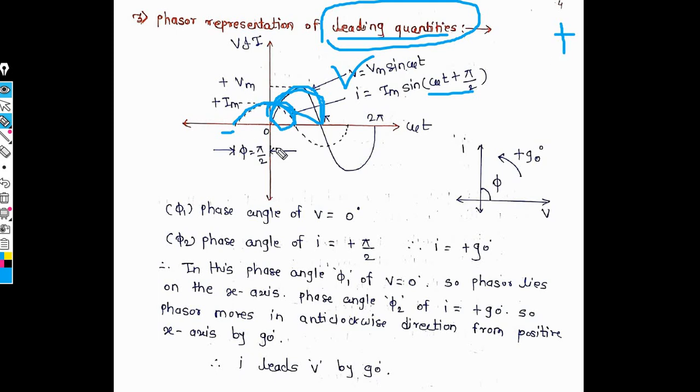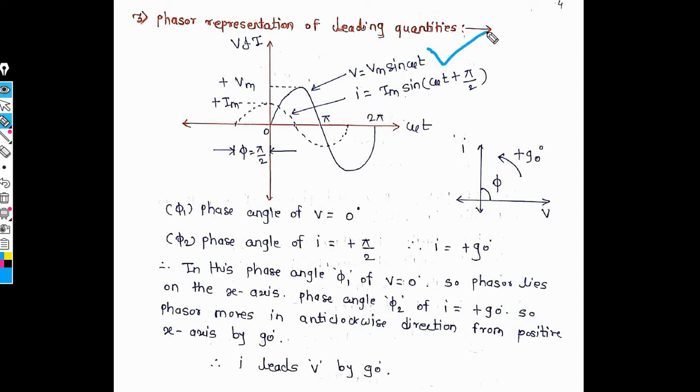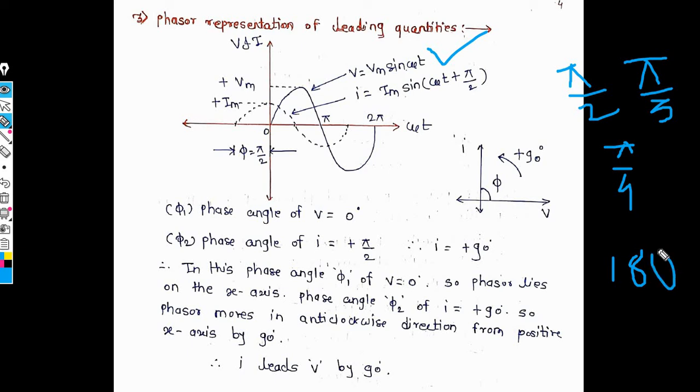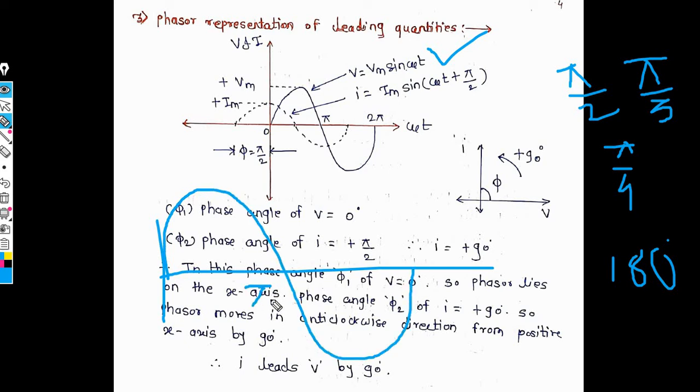That means there are two waveforms, voltage and current. For voltage, V is equal to Vm sin omega t. Here we have considered pi by 2, pi by 3, or any angle such as pi by 4, but the angle will be less than 180 degrees, because the waveform starts from 0 angle, and pi means the value is 180, and 2 pi is 360 degrees.